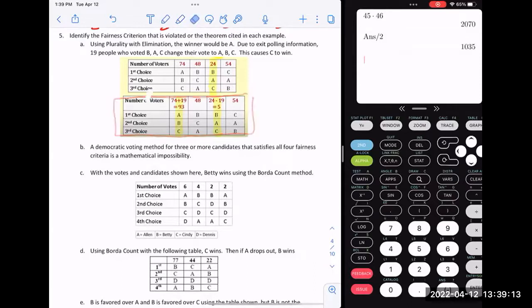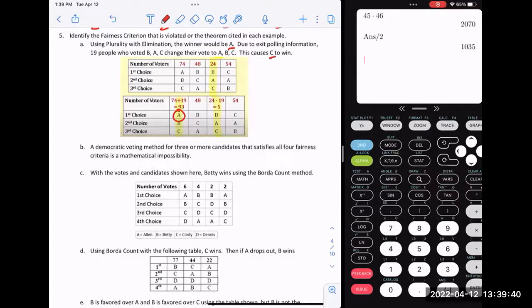So if you look at that, what's happening here? Well, you've got some people changing their votes, right? But it said originally that the winner would be A. And so all they did was change their vote so that they were voting for who was already winning. So they changed their vote to the winning candidate, but that cost A the election because all of a sudden that caused C to win.